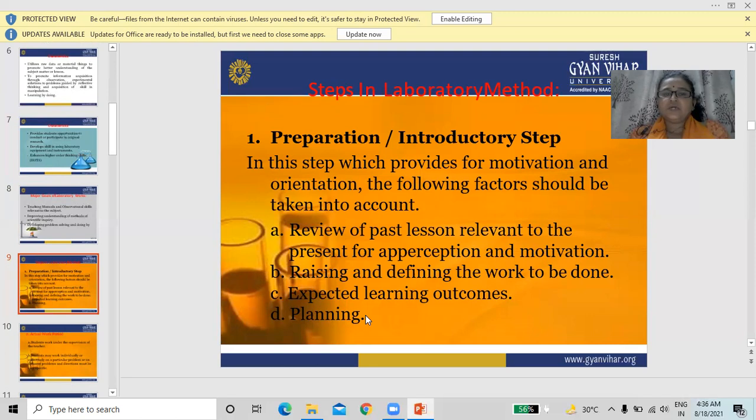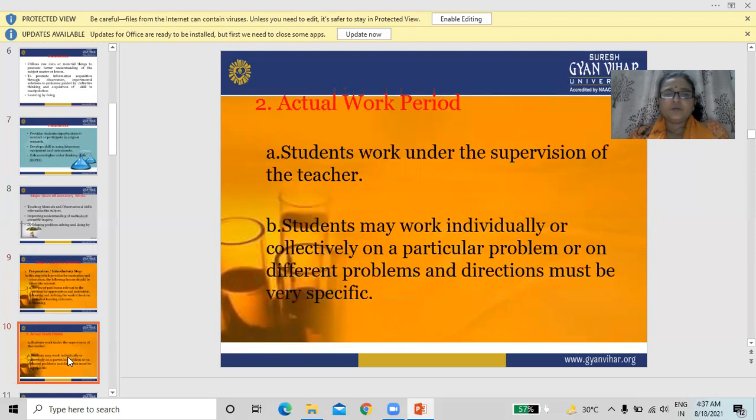So these are the four steps of providing for motivation and orientation of the preparation and introductory step. Next step is actual work period.